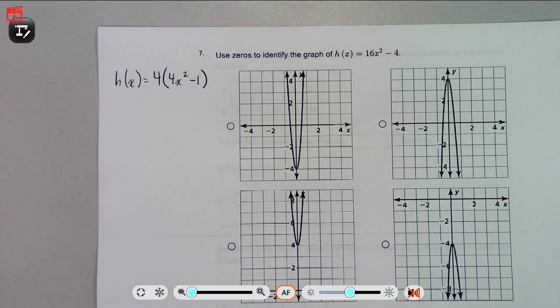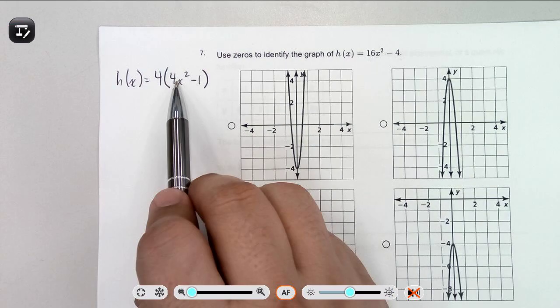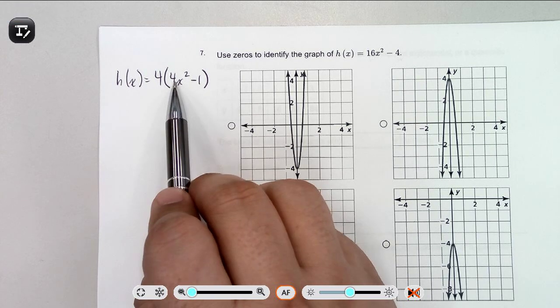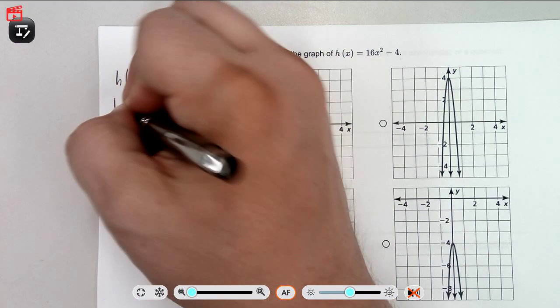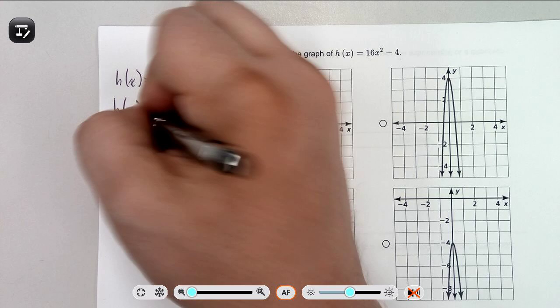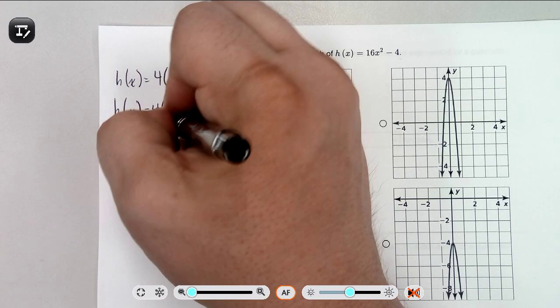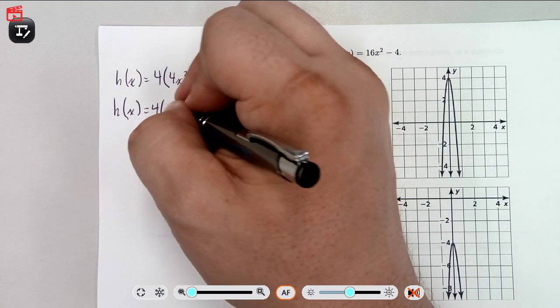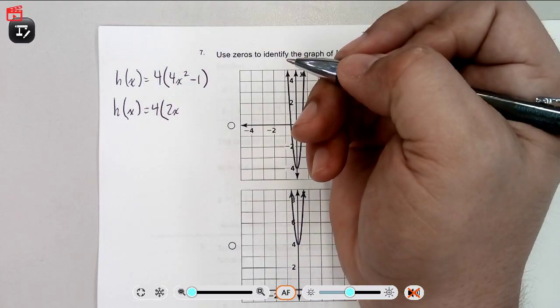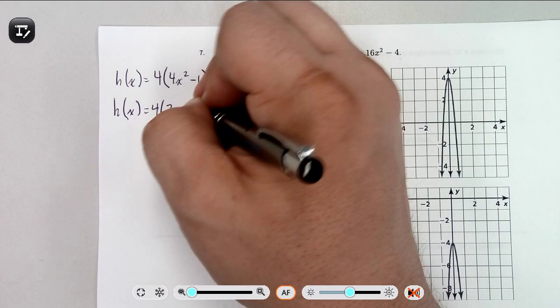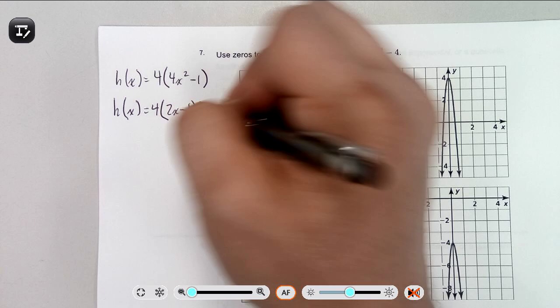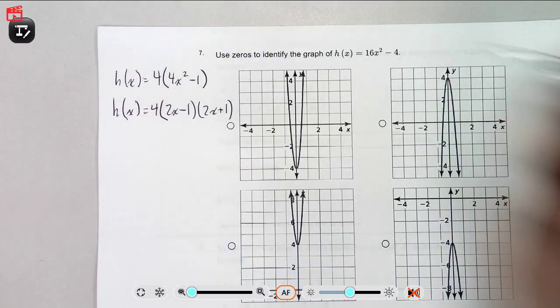And what I notice here, one of our special cases, this is the difference of squares. So this is one of our special cases that we have a little shortcut for factoring. So I'm going to square root the first term, 2x, square root the last term, square root 1 is 1, minus 1, and then 2x plus 1.